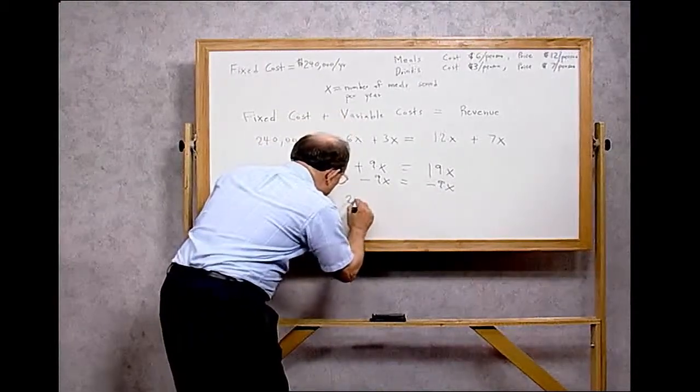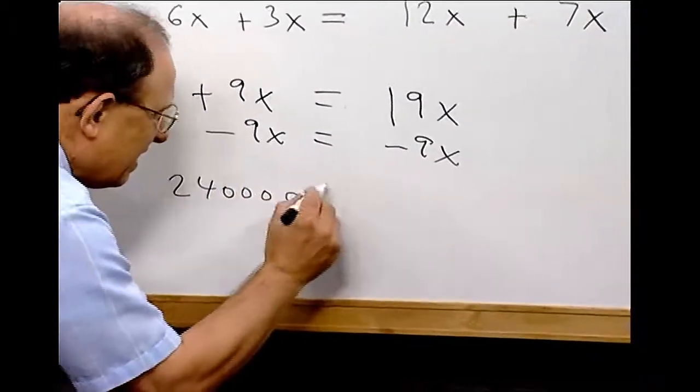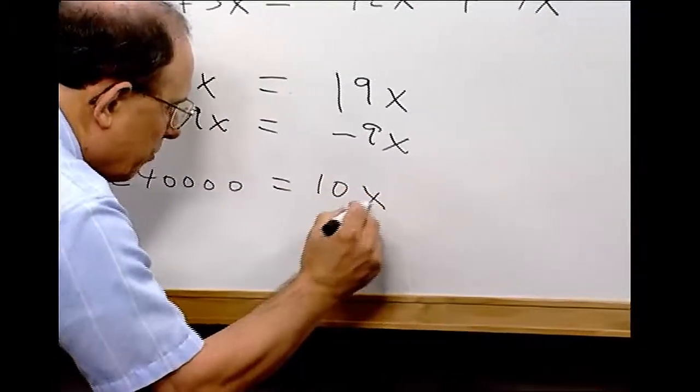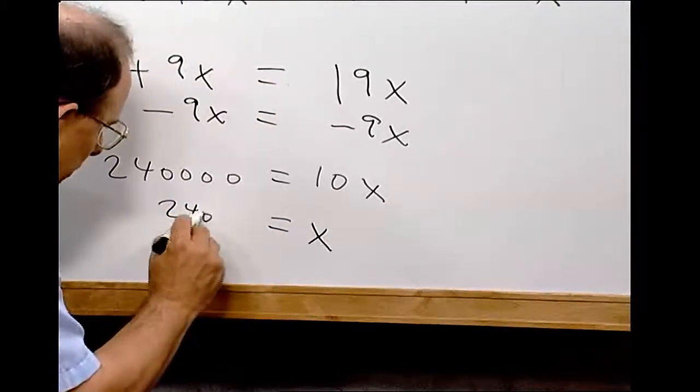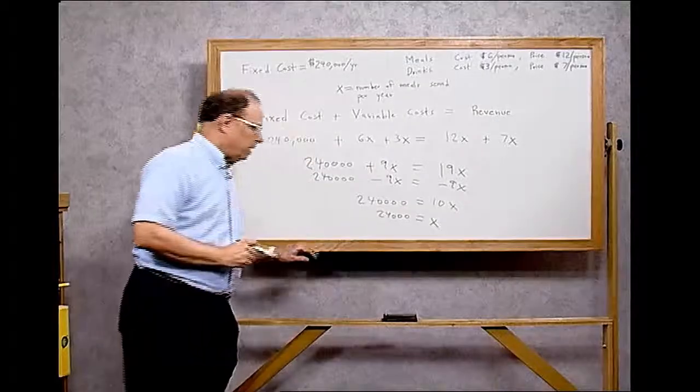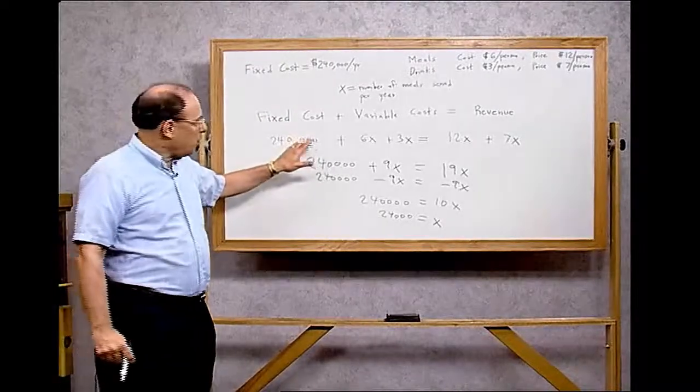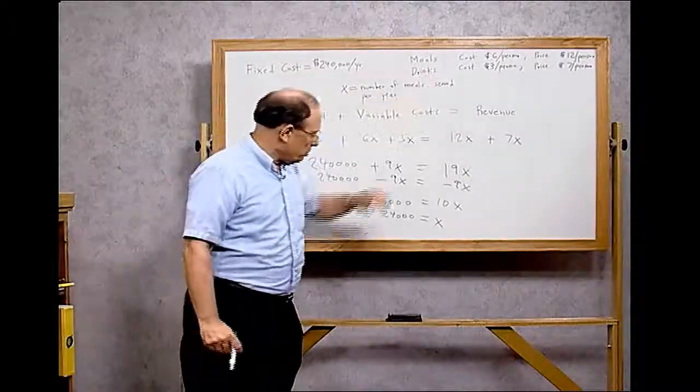And we'll end up with $240,000 equals 10 times the number of meals served. When we divide both sides by 10, we need to serve 24,000 meals in a year to justify opening our restaurant and covering our fixed costs and our variable costs.